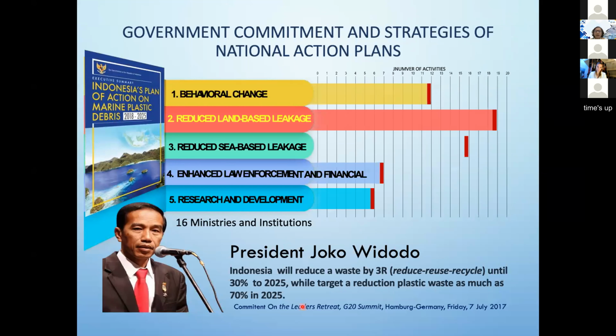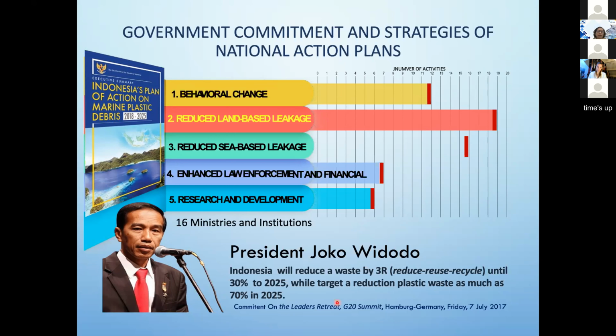And for the governmental commitment and strategy, the president made a commitment at the leaders retreat in 2017 to reduce waste by 3R, reduce, reuse, and recycle, by 30% in 2025, and 70% in 2050.